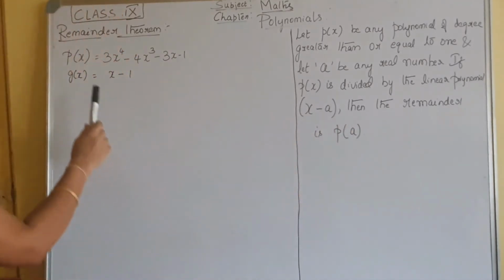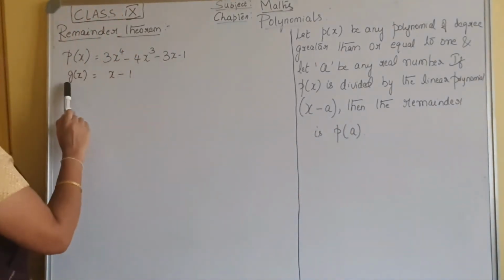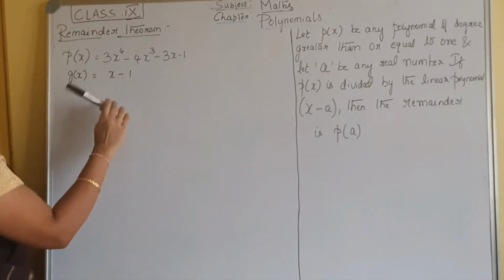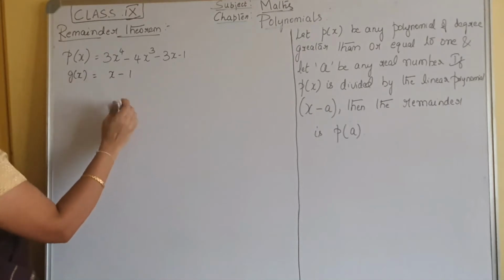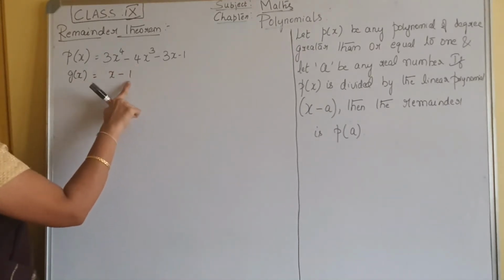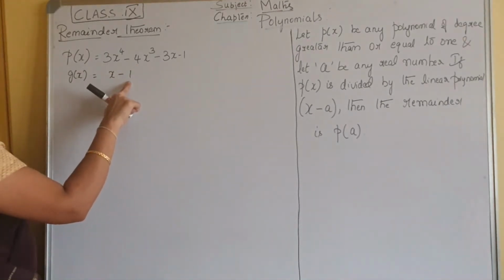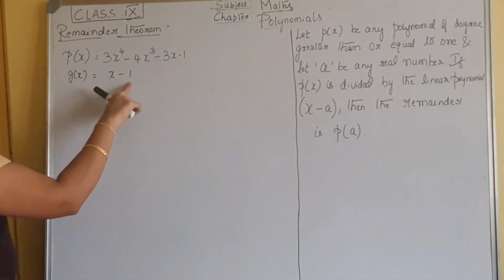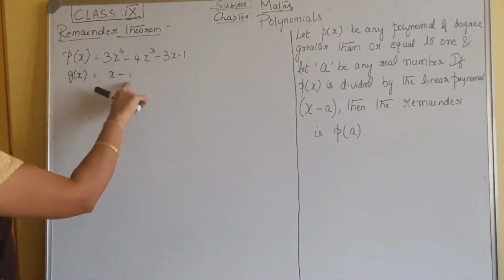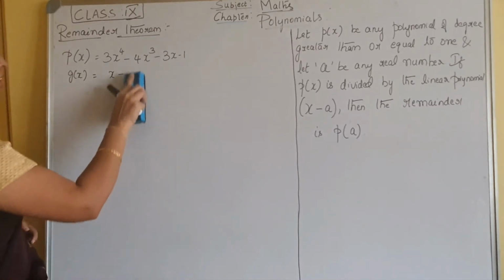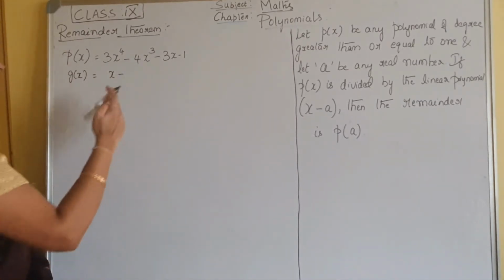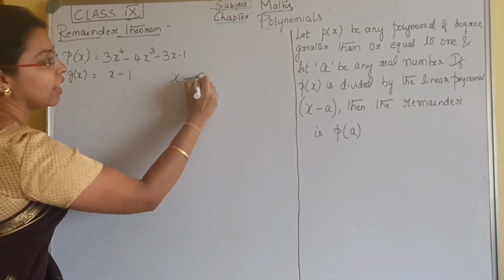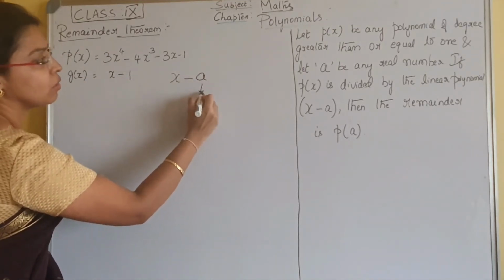That is, this is p of x and this is the divisor. Let it be divided by any linear polynomial. This is a linear polynomial, and a is the constant, any real number. Here it is x minus 1, so a is 1.